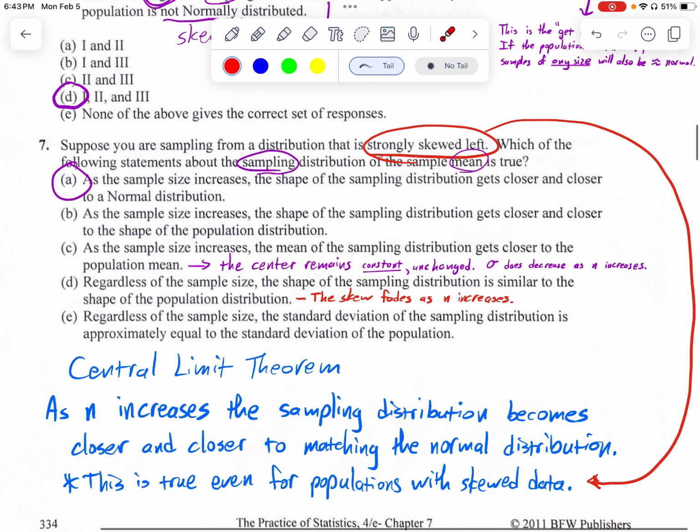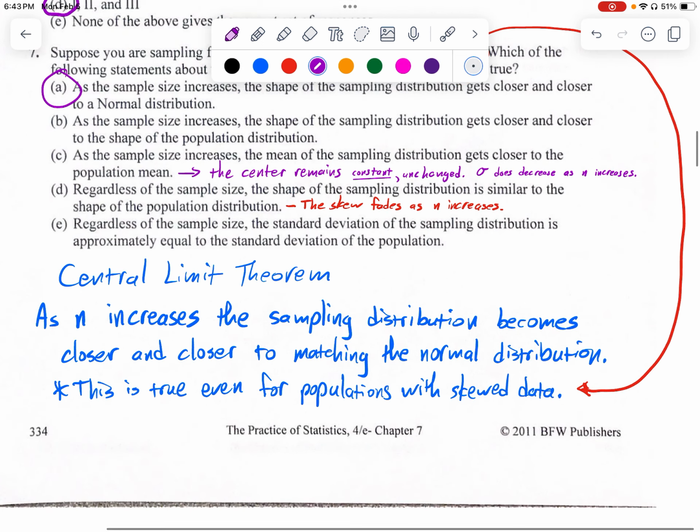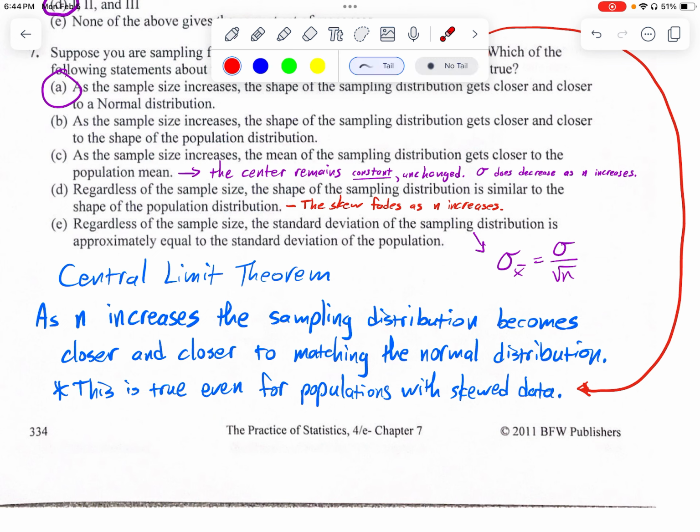For example, this was a sample mean, right? So remember, the standard deviation of x bar is the standard deviation of the population divided by the square root of n. Just think, as they're saying, regardless of sample size, in other words, they're saying n doesn't matter.